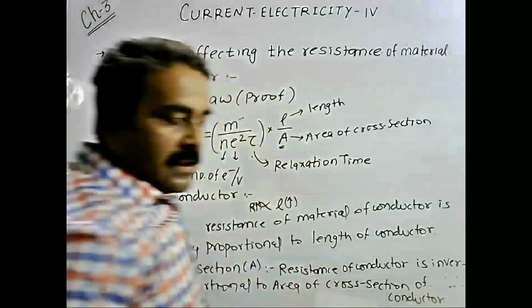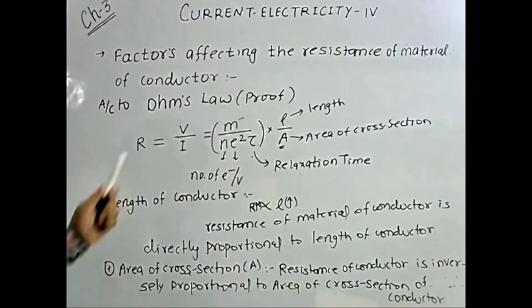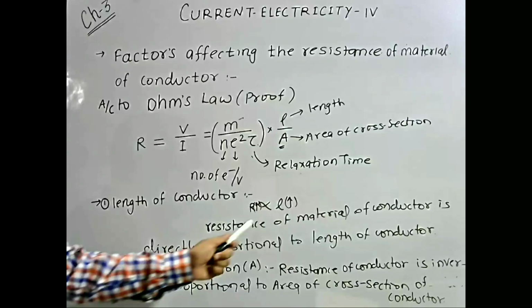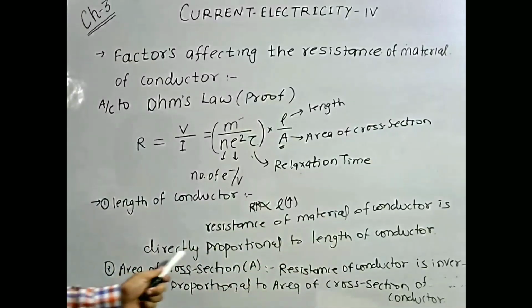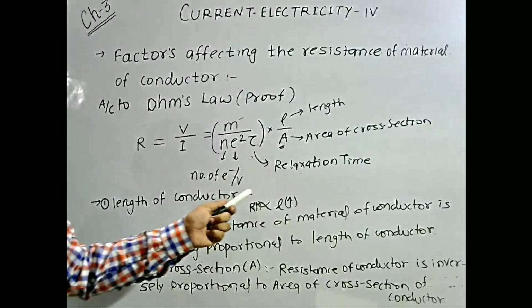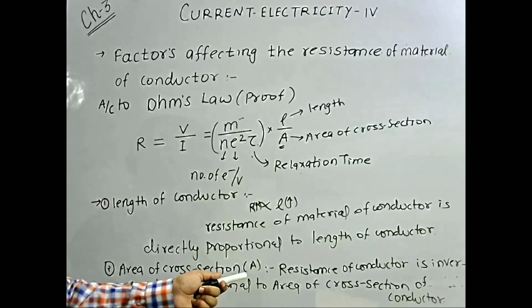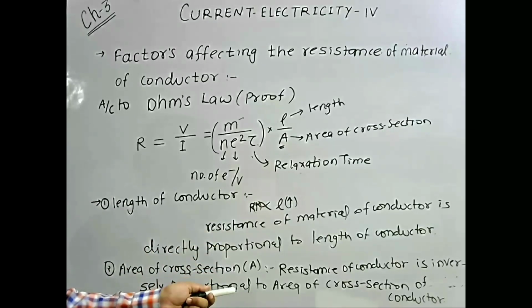So again you see, it is clear from above expression that resistance of material of conductor is directly proportional to length of conductor. It means if length increase, then resistance also increase, and if length is decrease, then resistance also decreases. Clear?